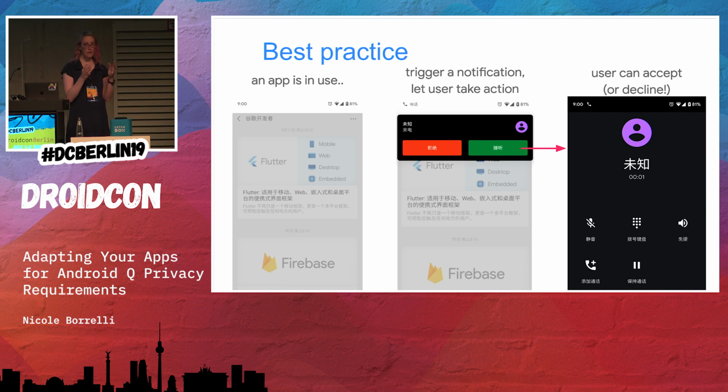Otherwise, you can show a heads-up notification with a full screen intent. So if the user is using an app on their phone, they get the notification and they can respond to it. If they're not using their device, then they get the full screen notification, which works the same way that the dialer does it now.